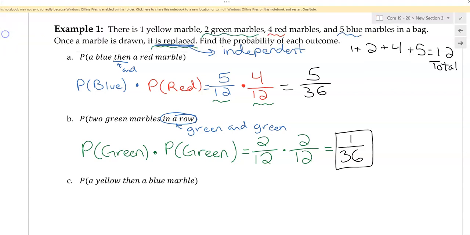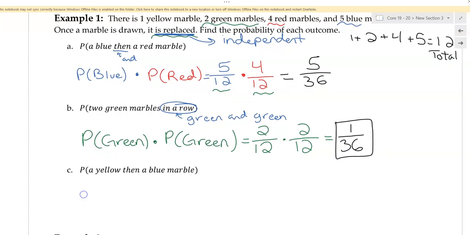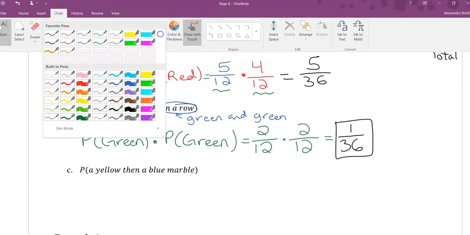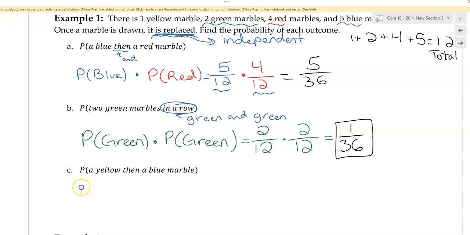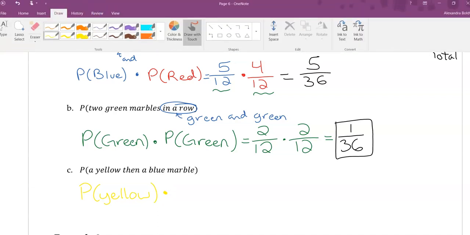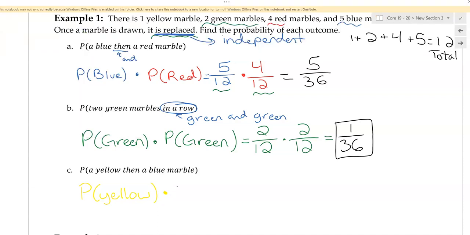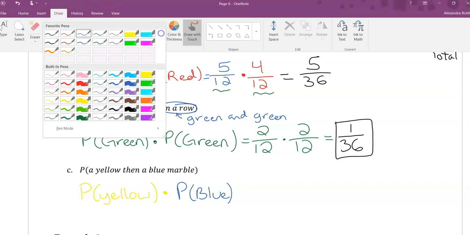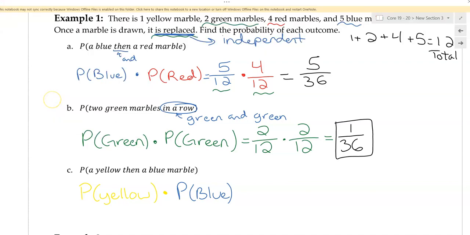Same thing for here, a yellow and then a blue. That is the same thing of the probability of yellow times the probability of blue. The probability of yellow, there is 1 yellow marble.